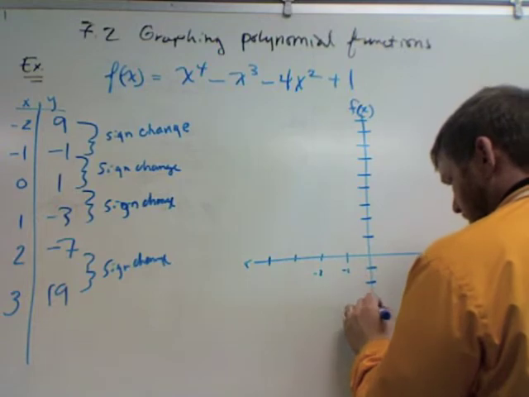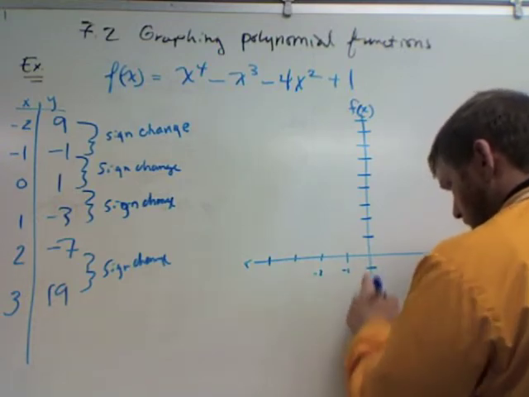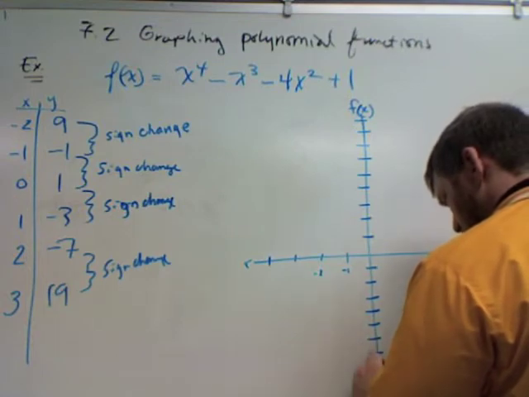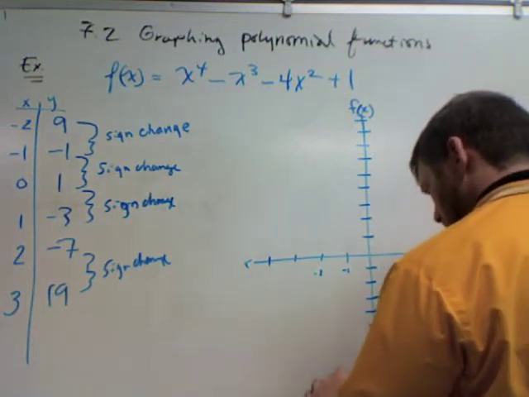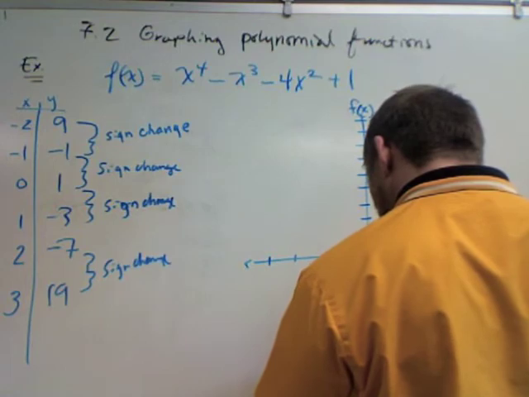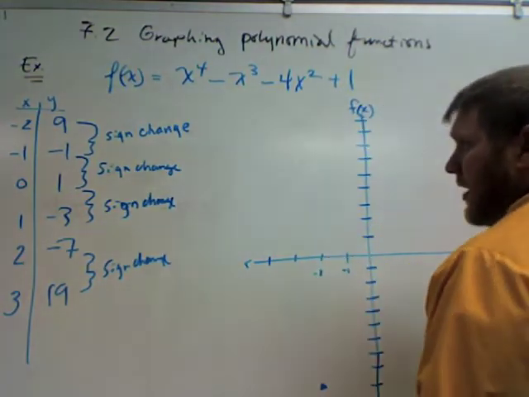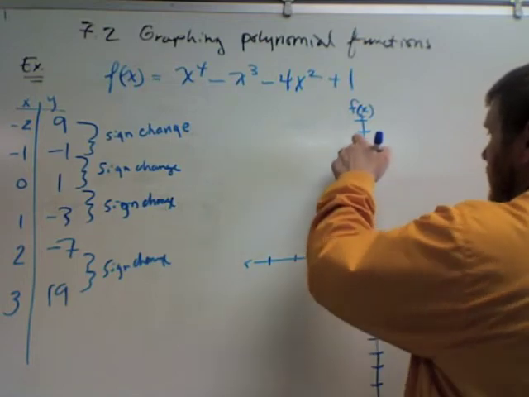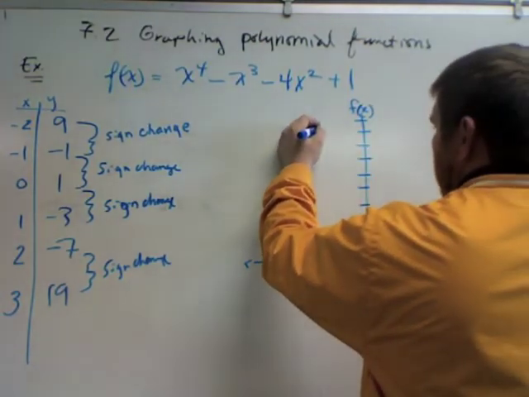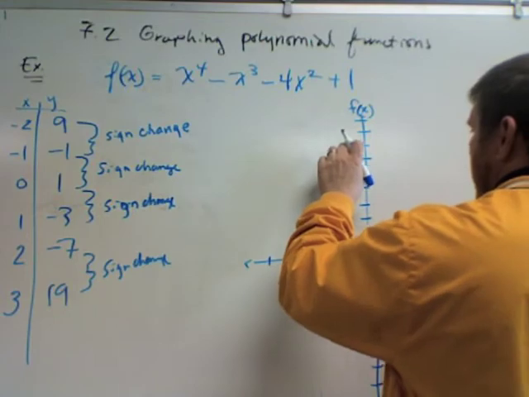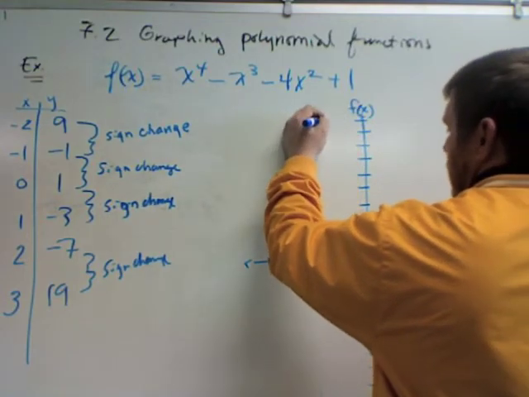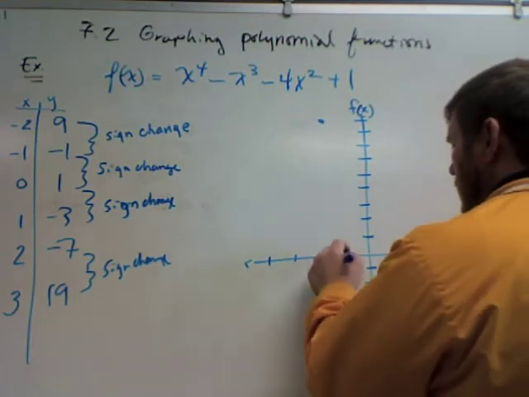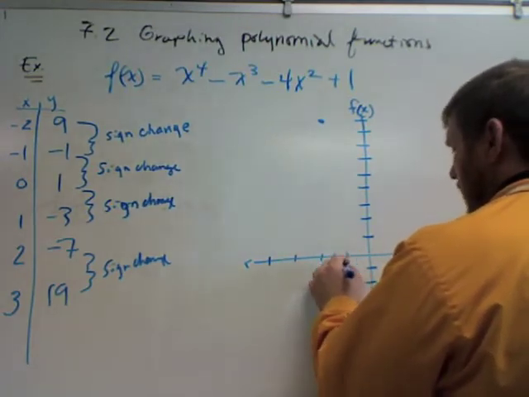This one might not be as pretty as the last one. Negative 2, 9. It goes up to positive 9: 1, 2, 3, 4, 5, 6, 7, 8, 9. Right there, negative 1, negative 1.